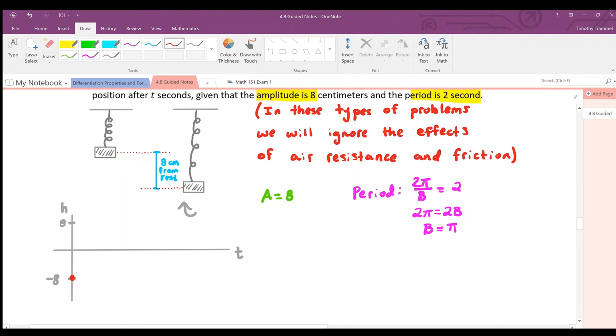So if this is going to be some trig function, my question to you is, which trig function would it be easier to write the equation of this curve with? Okay.